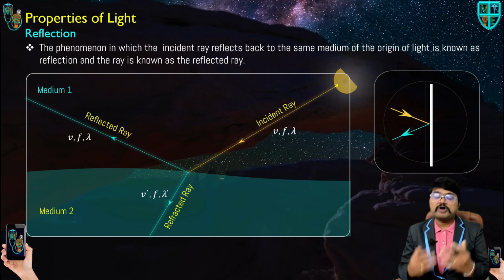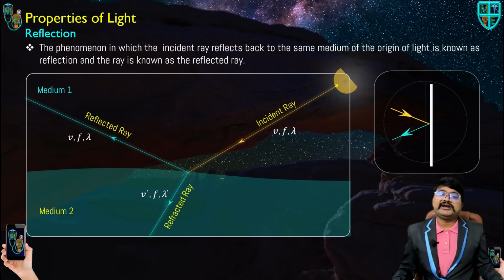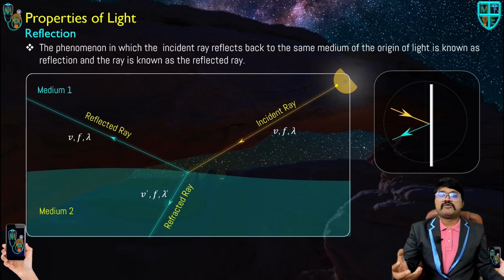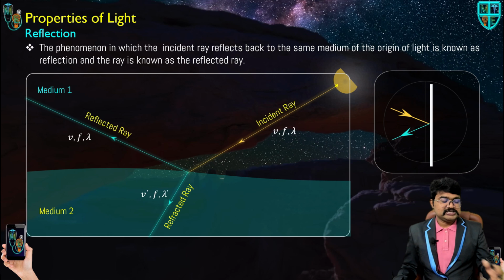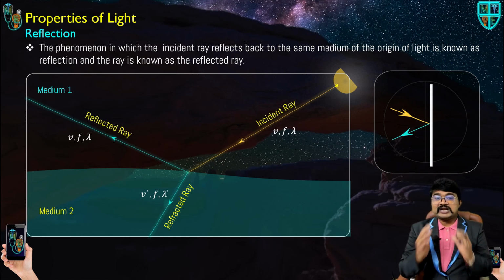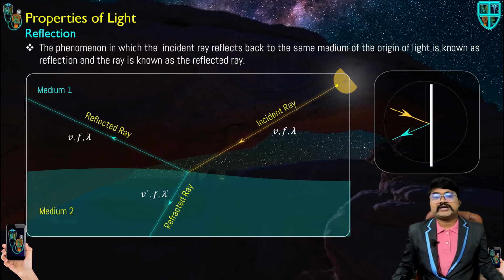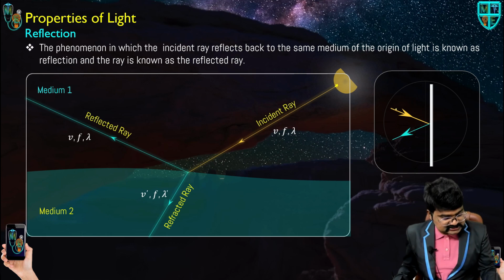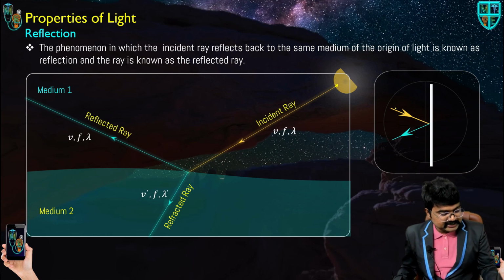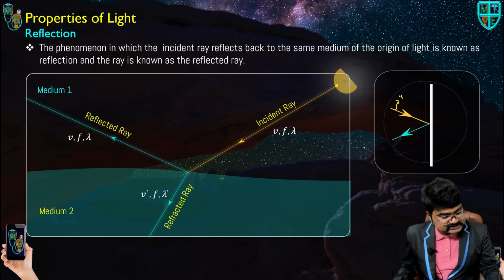Reflection is the phenomenon in which the incident ray reflects back to the same medium of origin of light. The ray is known as the reflected ray. Here this would be the incident ray and this would be the reflected ray.